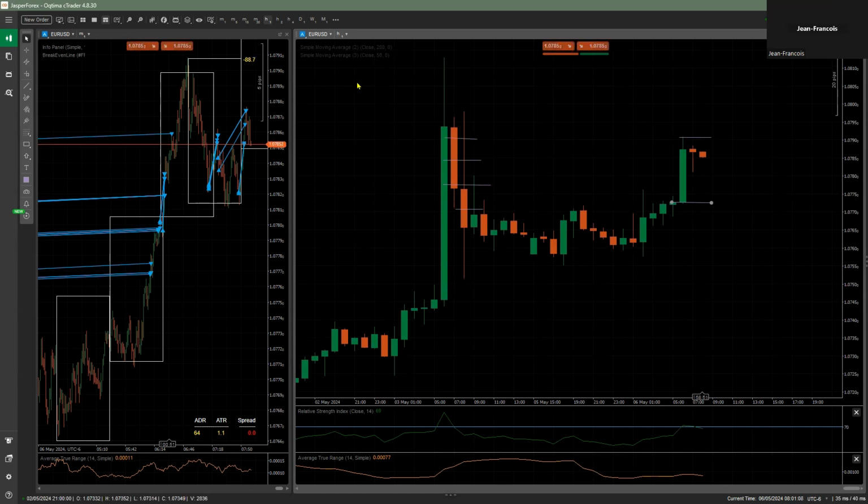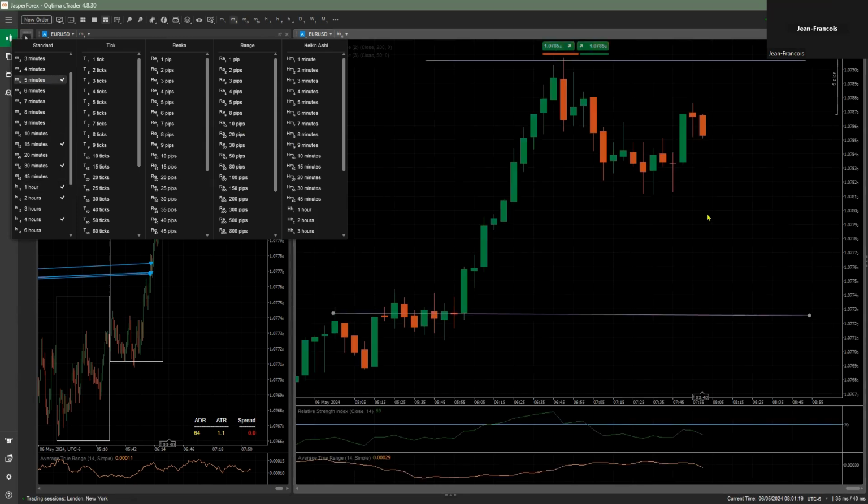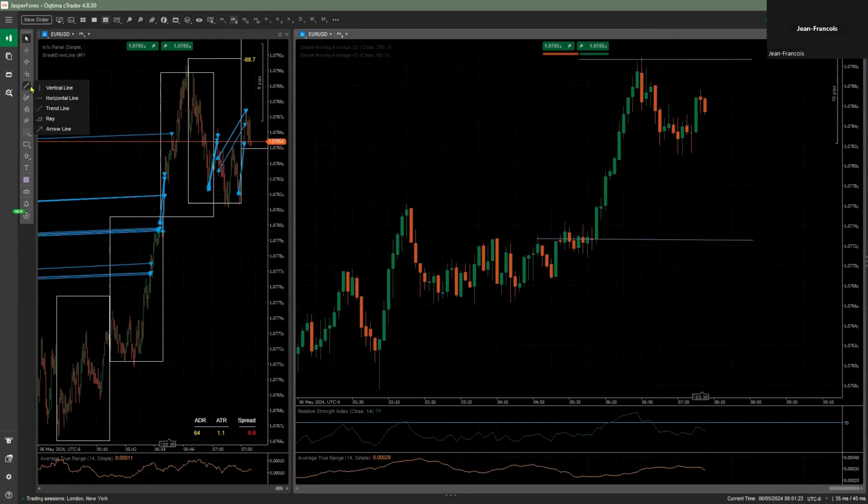If we look inside of this on a 5-minute chart, we have a floor below us, we have a ceiling above us, and already we can start building a ladder.